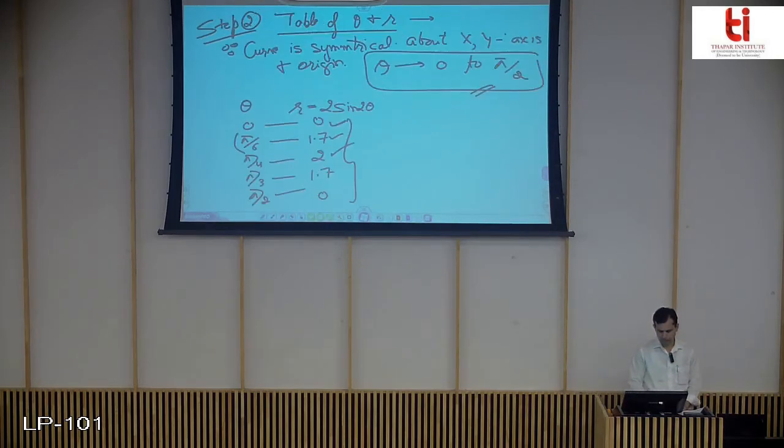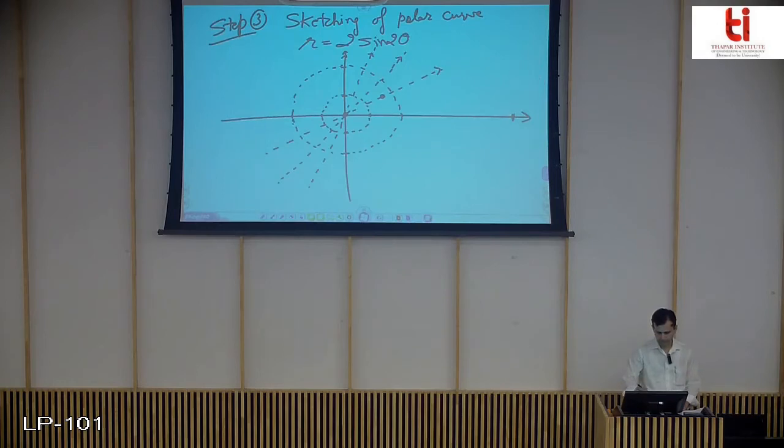Now we come to pi by 4. It is 2. At pi by 4, this is the array of pi by 2. Let me just make it correct. Yes. So the array of pi by 2 is this, pi by 4 is this one. So 2 is here, since it is a circle of radius 2.